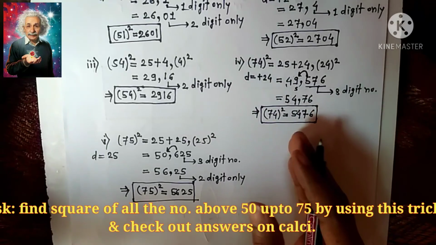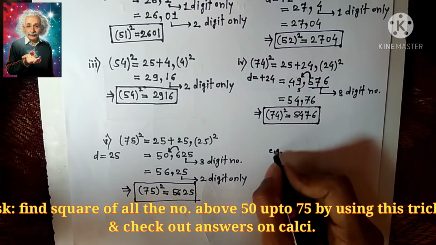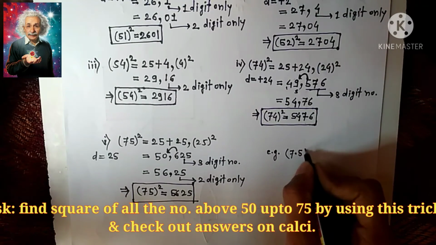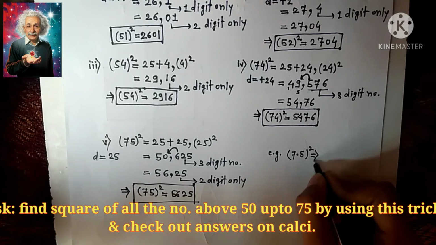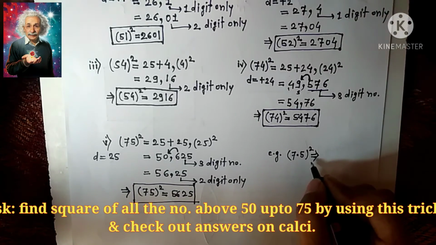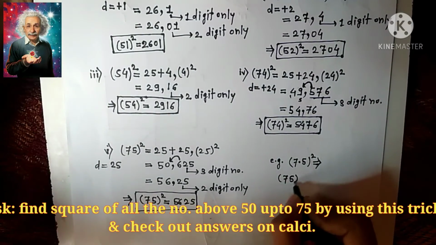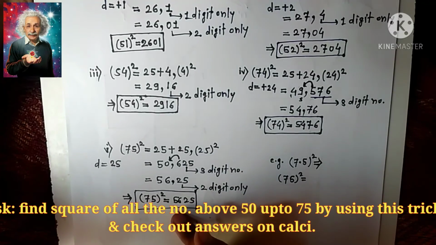This is the simple way. If in some problems you are given, find the square of 7.5, then how will you find this answer? Then use this trick. First find the square of 75 as we found here.